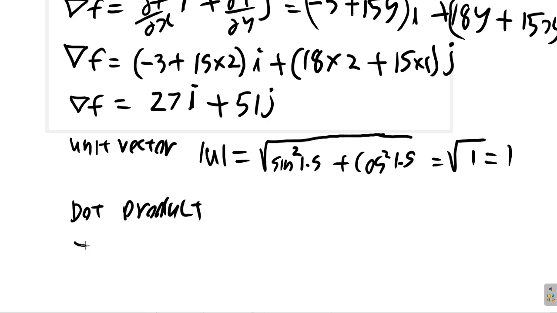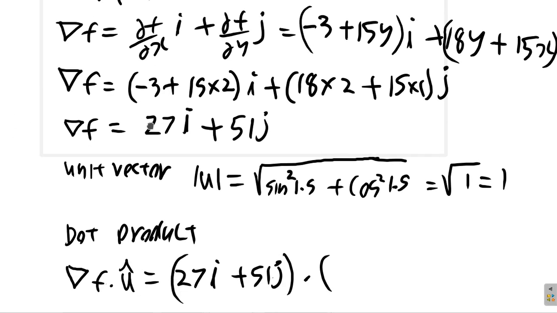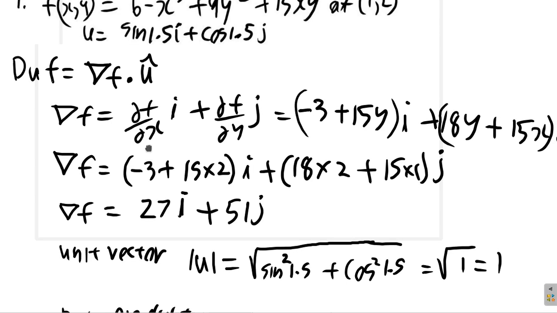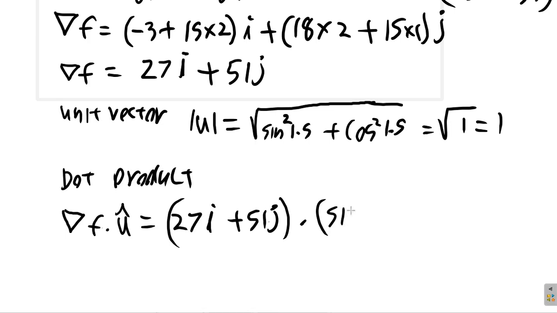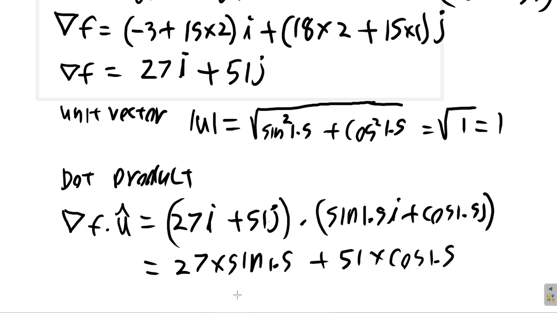So, therefore, Nabla f dot the unit vector is equal to 27i plus 51j dot the vector itself, which happens to be the unit vector, sine 1.5i plus cos 1.5j, is going to be 27 times sine 1.5 plus 51 times cos 1.5. Alright?